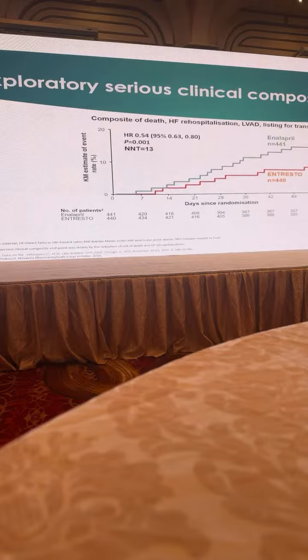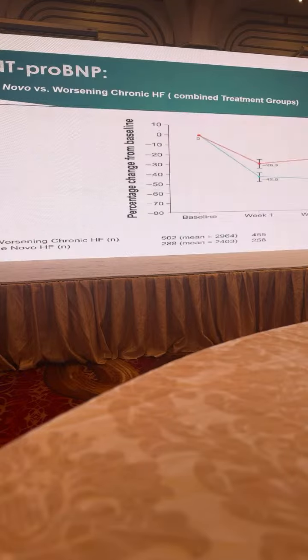Second important thing, 46% of what? Of deaths, heart failure hospitalization, and use of LVAD or transplant. Comparing Entresto and enalapril, you can see it is very statistically significant, 46% significantly reduced.